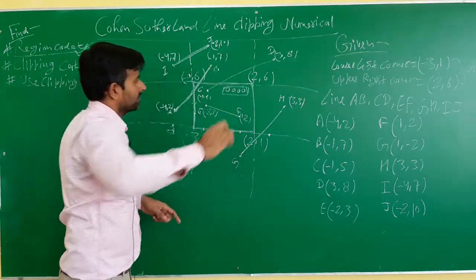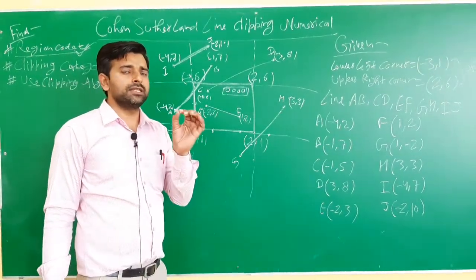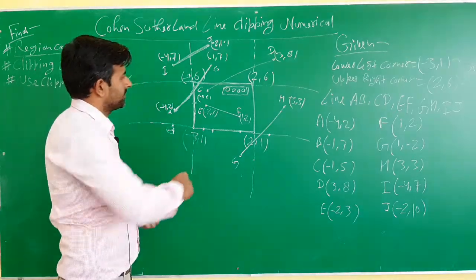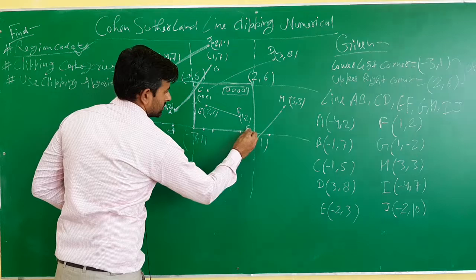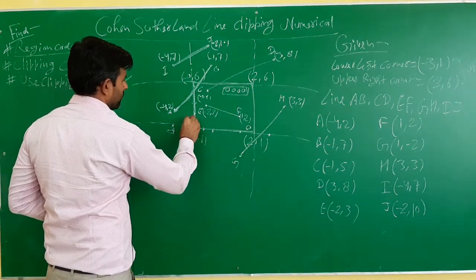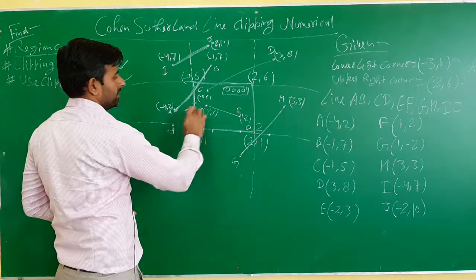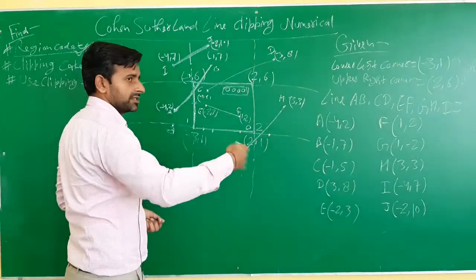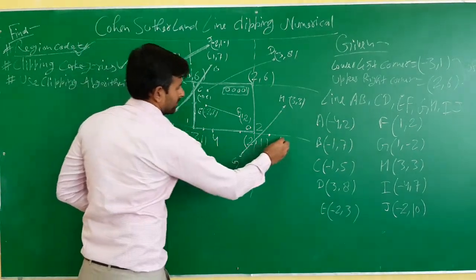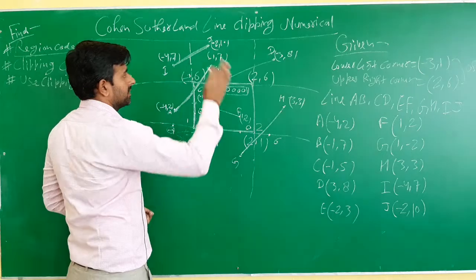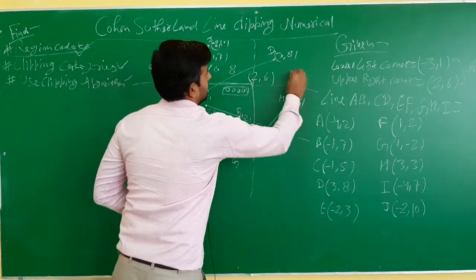If we want to learn easily, then simply learn one point. I am writing here 0, 1, 2, discard 3, 4, 5, 6, discard 7, 8, 9 and 10.